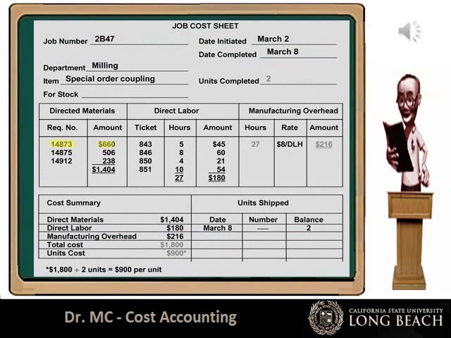After the materials are requisitioned, the form is sent to the bookkeeper, who will note that Materials Requisition Form 14873 contains a materials charge of $660 for Job 2B47. This charge is highlighted in yellow on the slide.